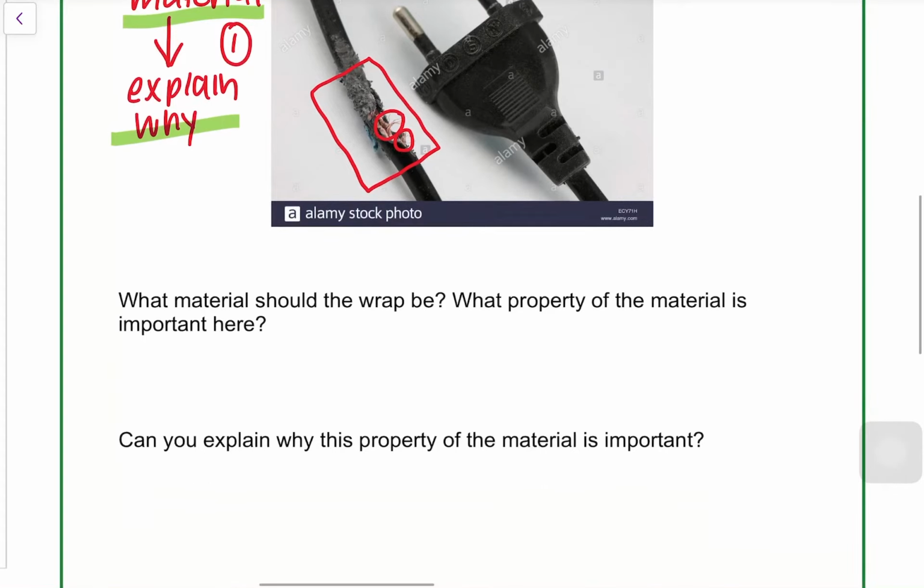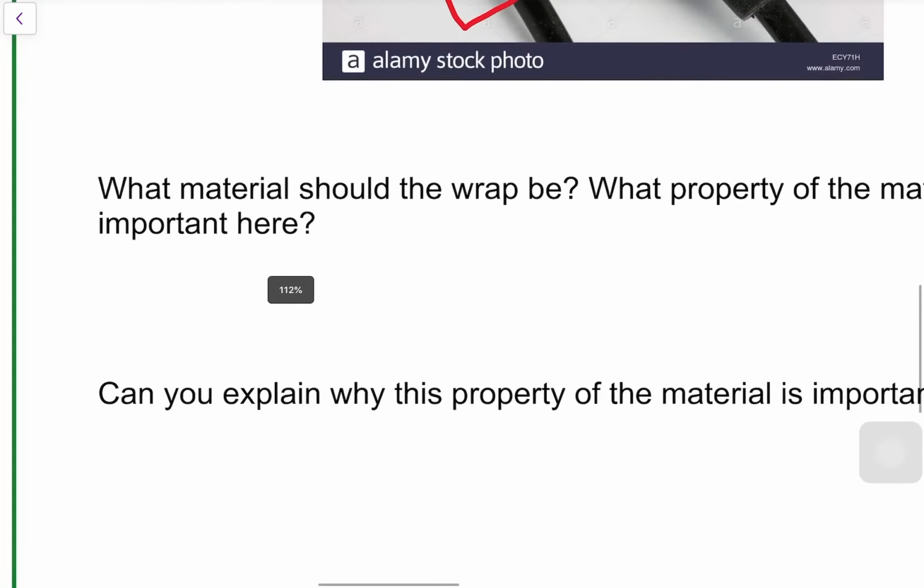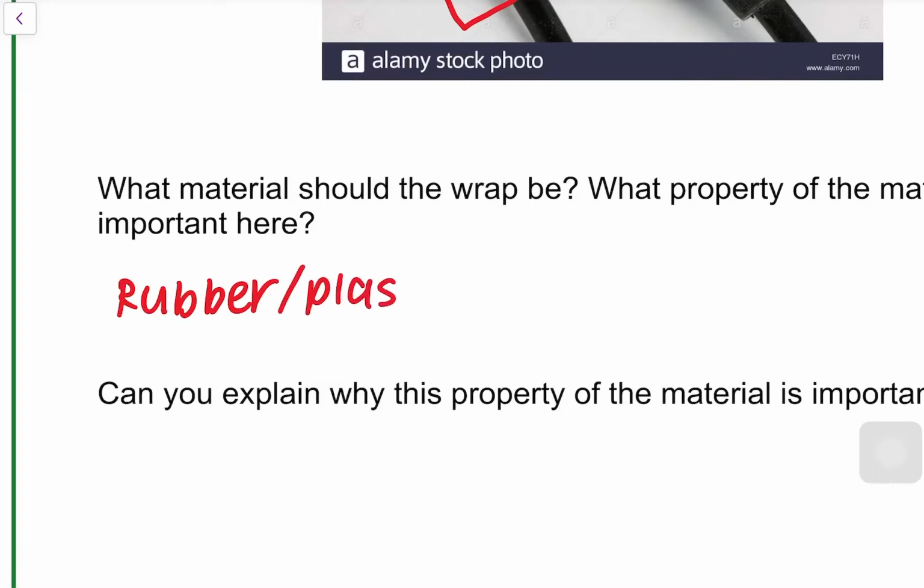So what material should the wrap be? Based on what we learned just now, insulators of electricity do not allow electricity to flow through them. Therefore, if I touch it, electricity cannot flow through my body and I will be safe. So I would suggest that we use rubber or plastic.